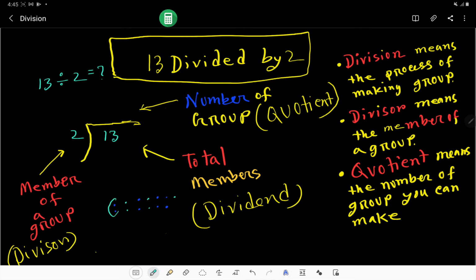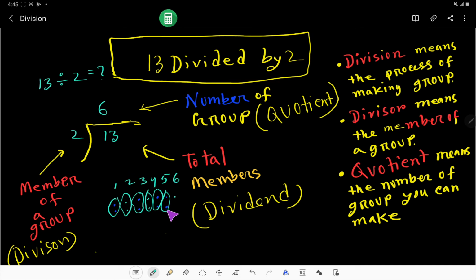You can make 1 group, 2 groups, 3 groups, 4 groups, 5 groups, 6 groups, but you have 1 member left over, right? So you can make 6 groups.